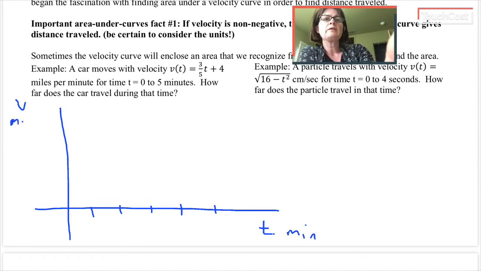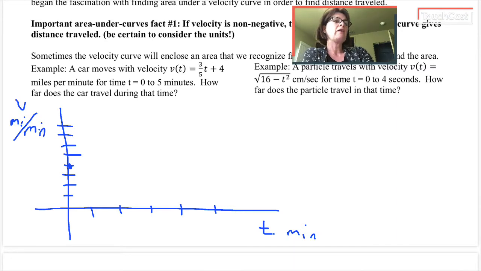This is miles per minute. So this 3/5 t plus 4 is a linear function. So I'm going to mark 1, 2, 3, 4, on the axis. I'm going to have a v-intercept, I guess, of 4.